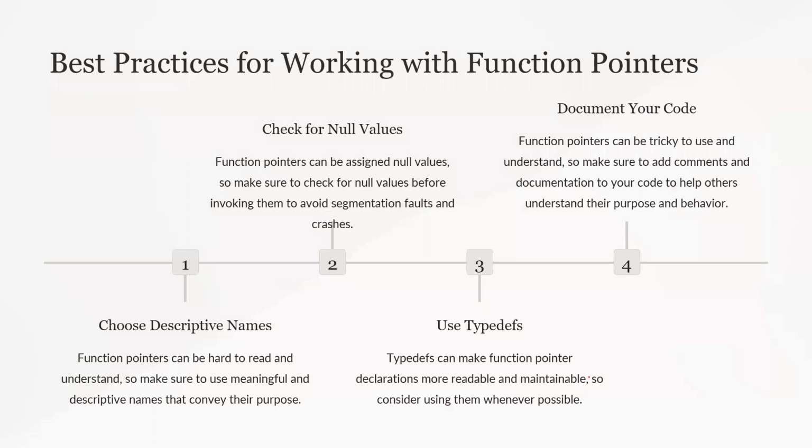So what are the best practices for working with function pointers? First of all, we should be using the correct name. This applies everywhere in C programming or any programming: for the variable, for the function pointer, for the structure object, or whenever we are creating any data structure, we should always use a correct name. Why?